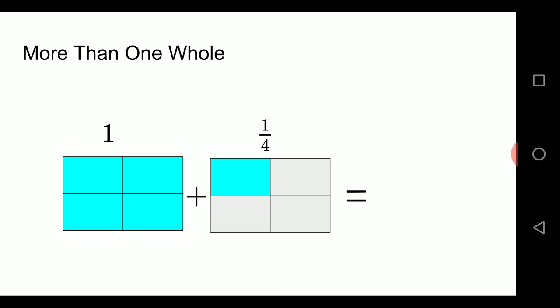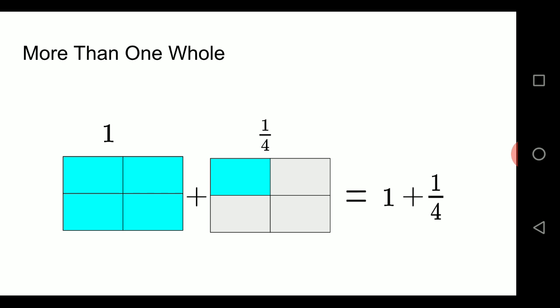In the second square, which is divided into four parts, I have taken just one part, which means 1/4. So it is as good as saying 1 whole plus 1/4.